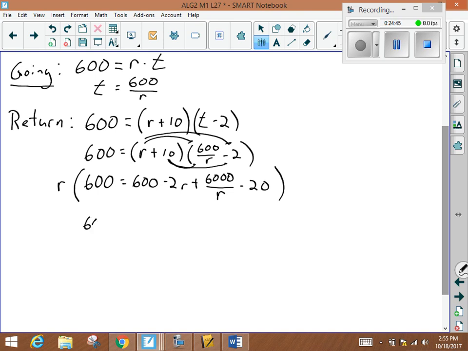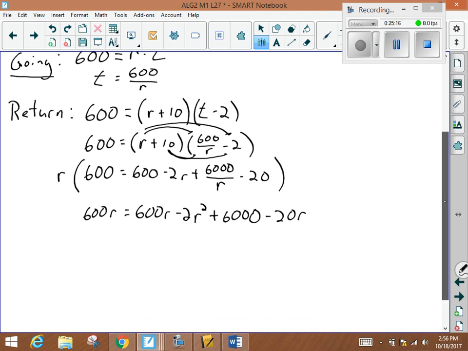That'll give me 600r equals 600r minus 2r squared, right? I'm multiplying everything. So negative 2r times r is going to give me negative 2r squared. When I multiply this by r, the 6,000 over r, those r's cancel, and I wind up with 6,000 and then a negative 20r here.